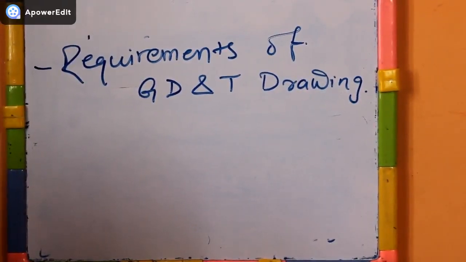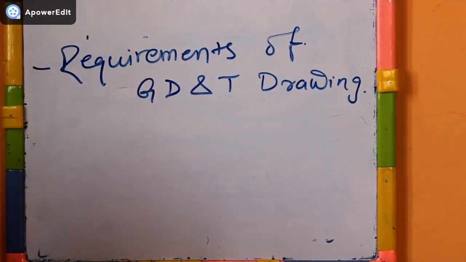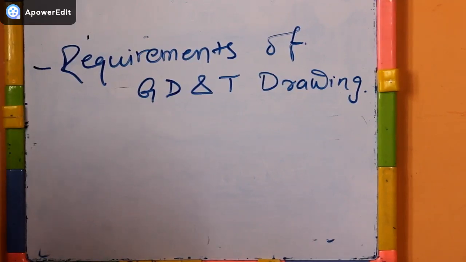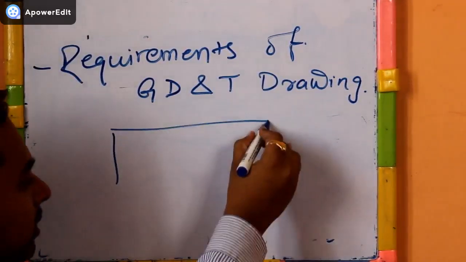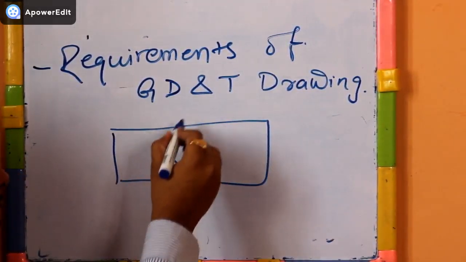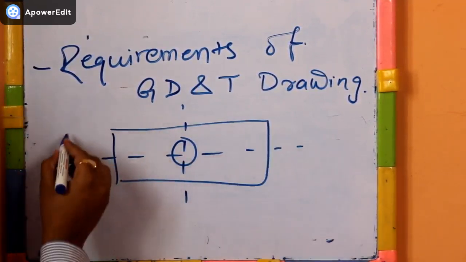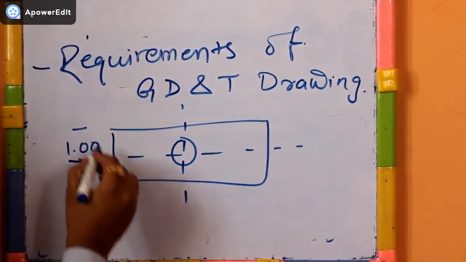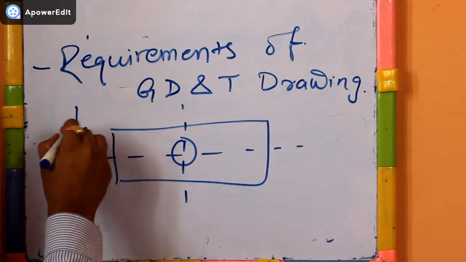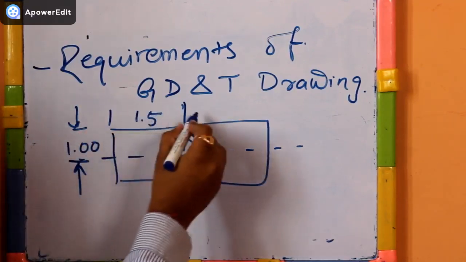Moving ahead to the same topic, now the main question is, what is the requirement of a particular geometric dimensioning and tolerancing drawing? So let us consider one component which is having a hole at the center with its dimensions 1.00 here, and this is 1.5.